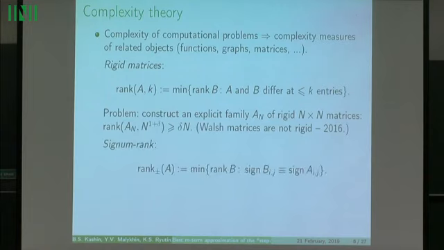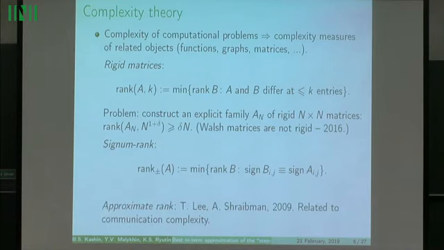So another notion which is also popular is the signum rank. We start with a matrix A such that no element of it is 0, and we can vary its elements in such a way that we do not change its sign. So the question is how to minimize the rank. This is known as the signum rank quantity.